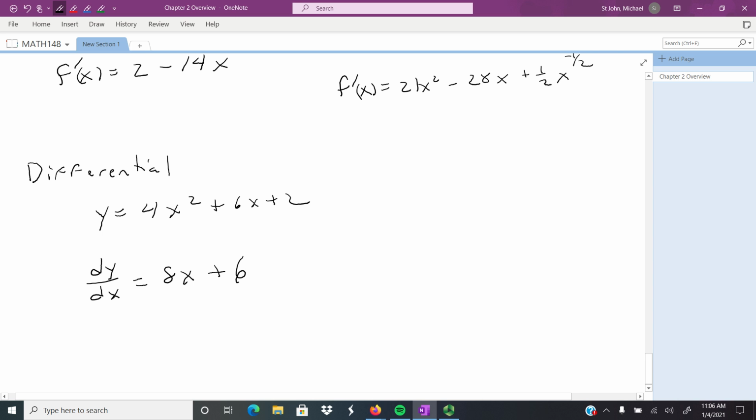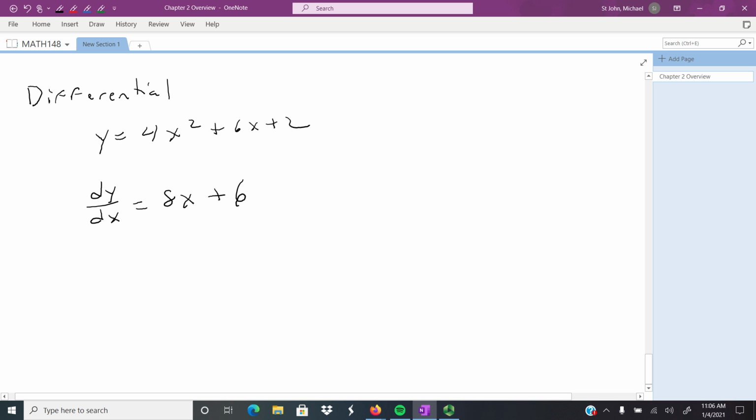That's my derivative. And the differential, basically there's just one more step, and the new step is now that dy is going to equal 8x plus 6 times dx. And so that's the only new step: I brought that dx over to the other side.